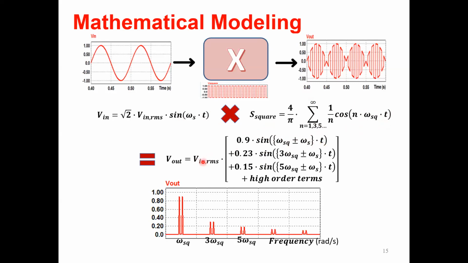So if omega square wave is, let's say, 1000 hertz, and this fundamental term is 50 hertz, the frequency here is going to be 1000 plus or minus 50. That's going to be 950 or 1050. So you are able to simply apply a square wave switching and get a higher frequency.